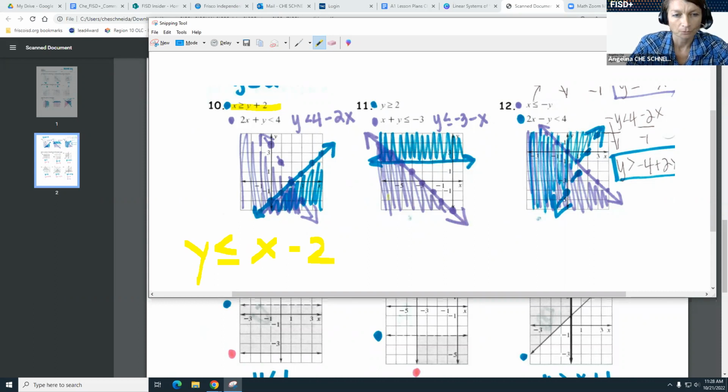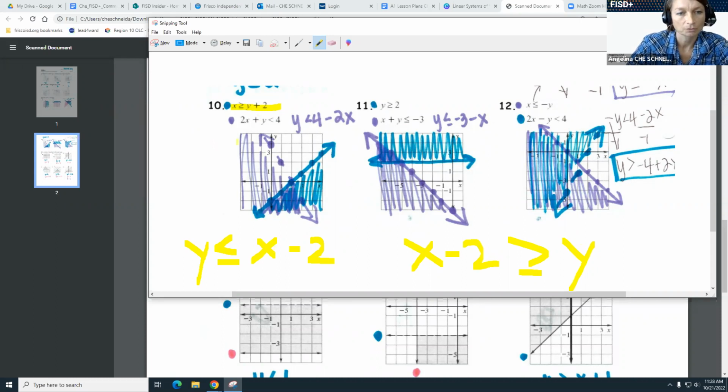So when I rewrite it, it would be y is less than or equal to x minus 2. Now, of course, it's the same thing as saying x minus 2 is greater than or equal to y. So that's something that you have to get used to and be able to navigate around.